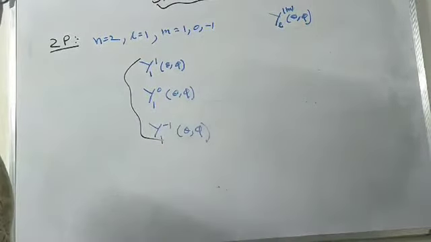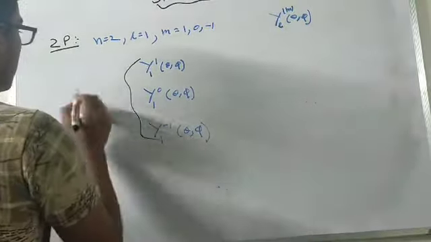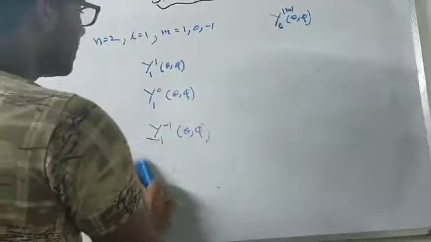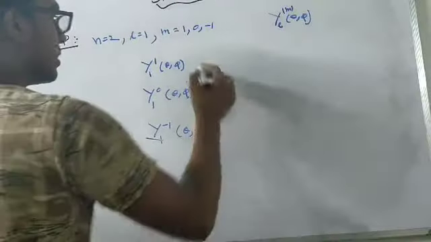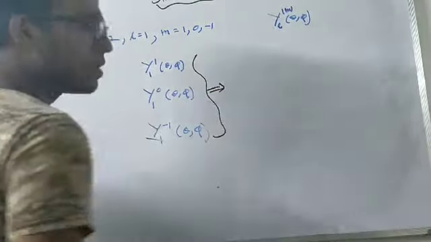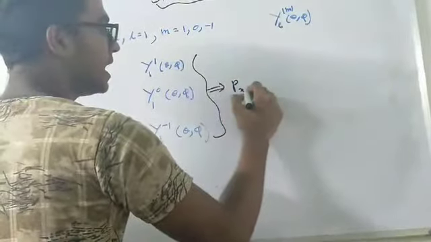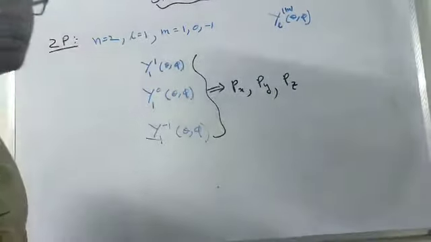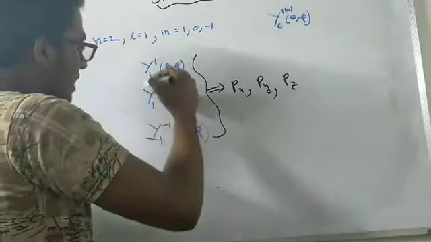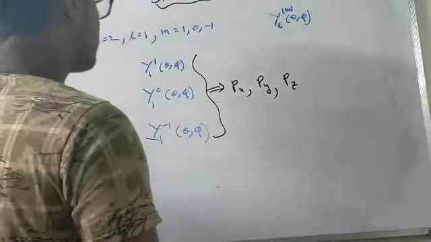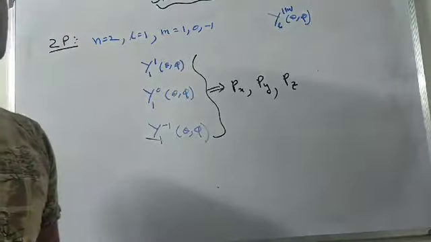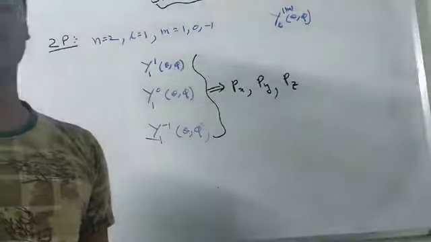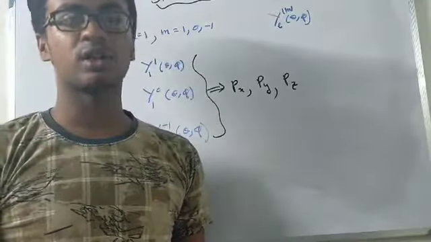Among these 3, one is called px, one is called py, and another one is called pz. So that's why we say that p orbitals have 3 orientations.